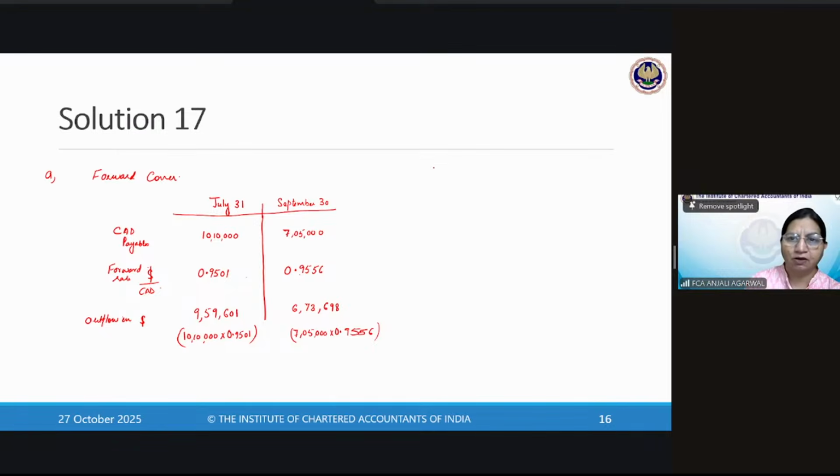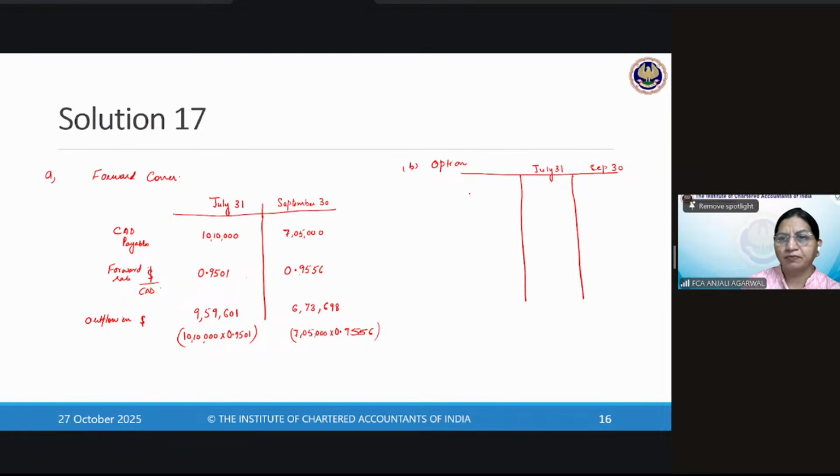Now looking at the option contract, the second part. Here we will again divide the calculation into two parts. One would be for July 31st and the other would be for September 30th.